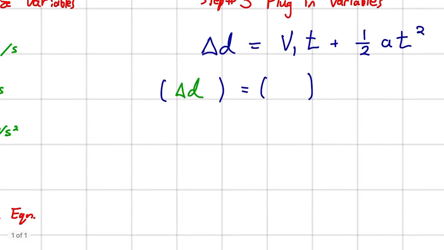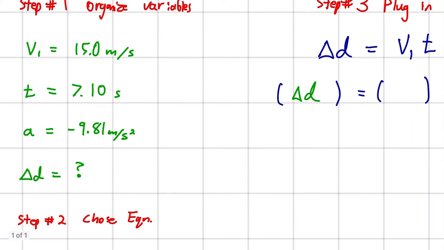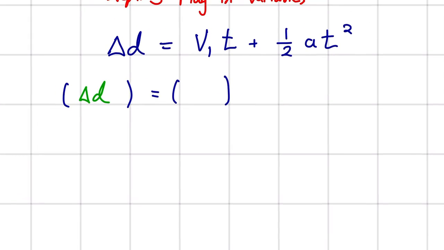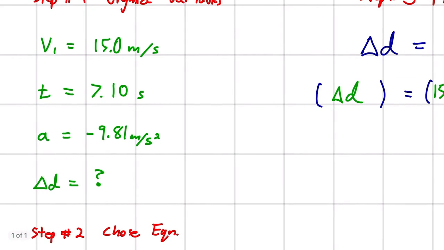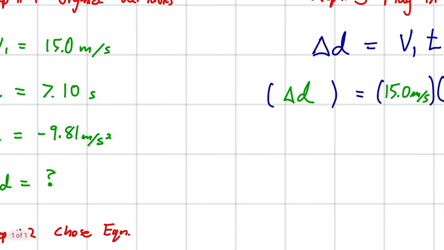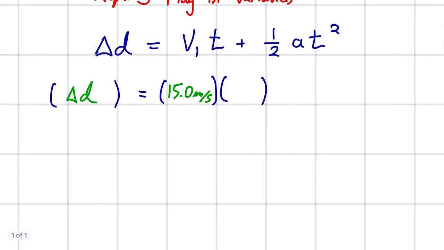And then our v1, we have 15.0 meters per second. Then our time, we have time equals 7.1 seconds, plus 1/2, and a value for a.